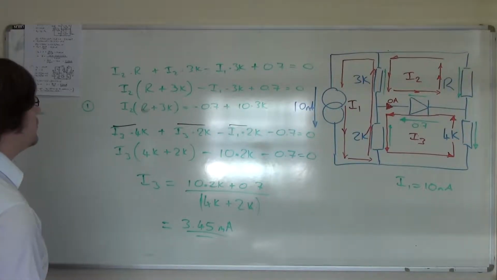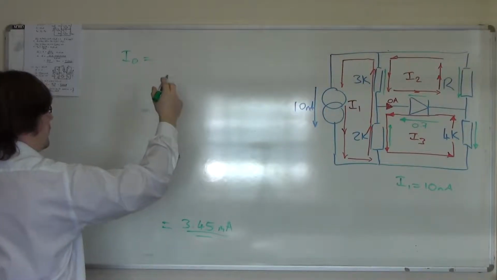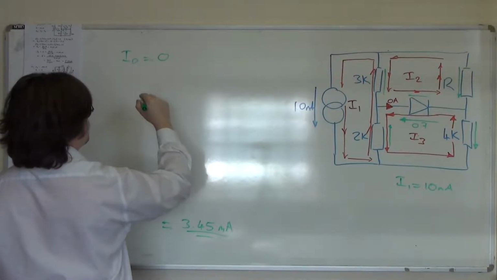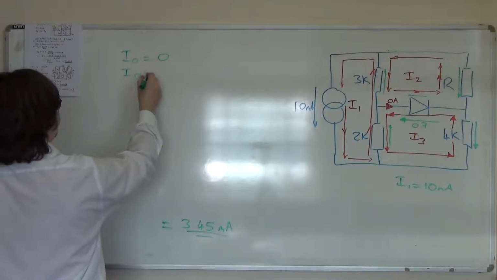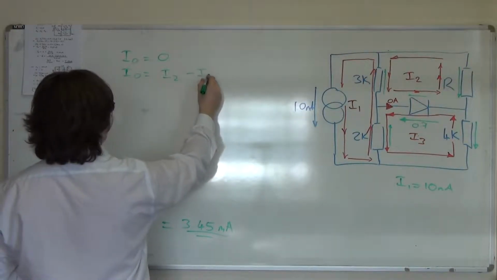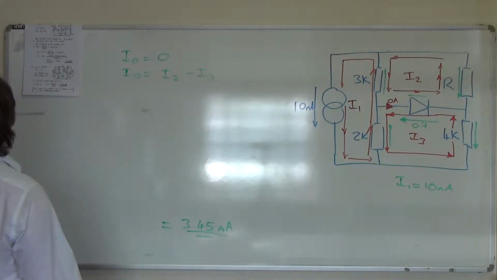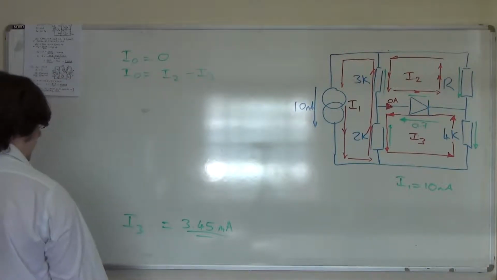So what we'll do then is we'll say ID is equal to 0, first of all, we know that's true, and we'll say that ID is also equal to I2 minus I3. Now we know what I3 is because we just worked it out, this was I3.